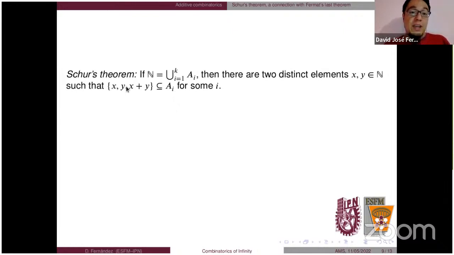We have x and y. And of course, if I was only thinking about x and y, this would be trivial by the pigeonhole principle. But what is really strong here is that not only x and y, but also their sum. So this is a very clear example of what we mean when we say this is Ramsey theory with additive combinatorics. You're thinking of Ramsey theoretic results that tell you that you can always find certain kinds of structure within one cell of the partition, no matter what the partition is.